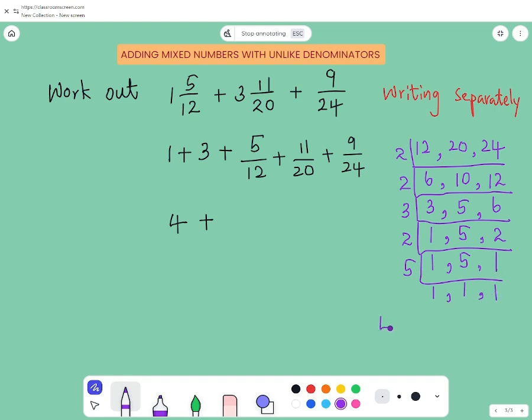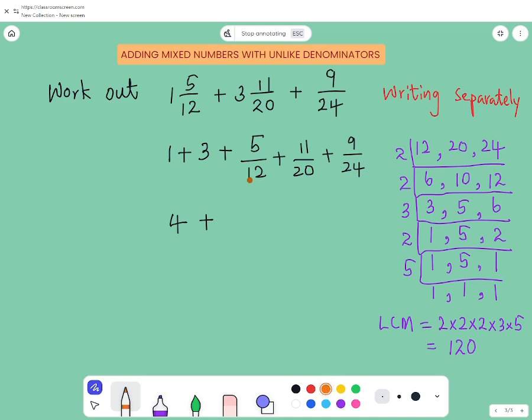Then LCM is 2 times 2 times 2, 3, 5. 2 times 2, 4. 4 times 2, 8. 8 times 3, 24. 24 times 5, 120.